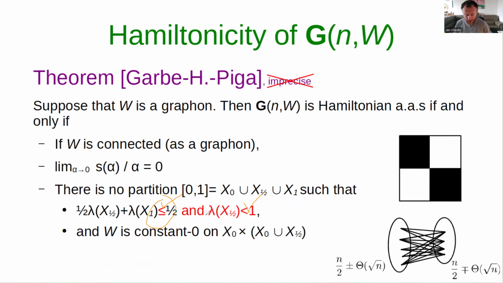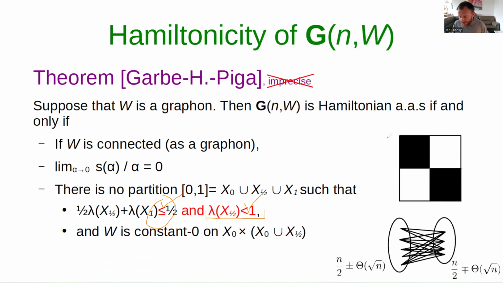But this particular fractional vertex cover is forbidden by this condition. So the new way of thinking about it is, yes, of course, my graphon does have a fractional vertex cover of value 1/2, but does it have a non-trivial one? Does it have something which is not constant 1/2, right?